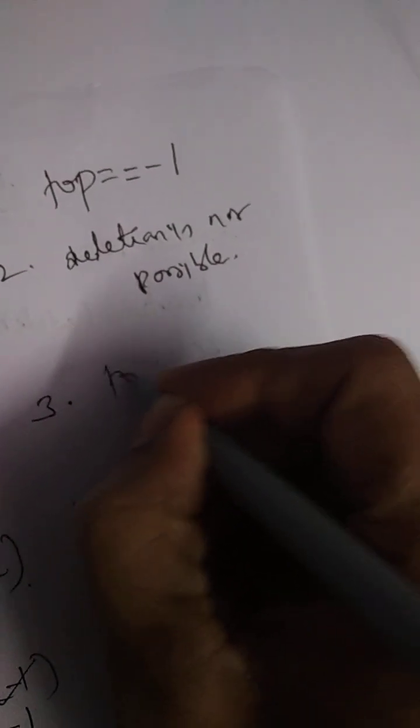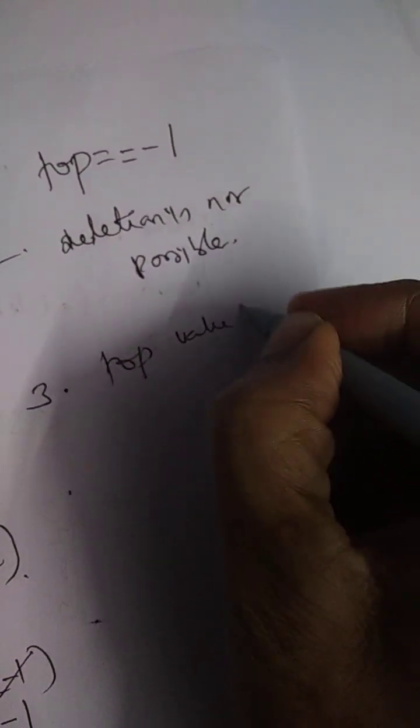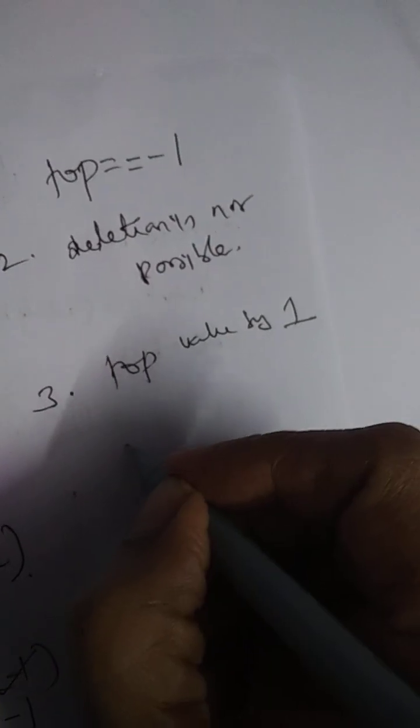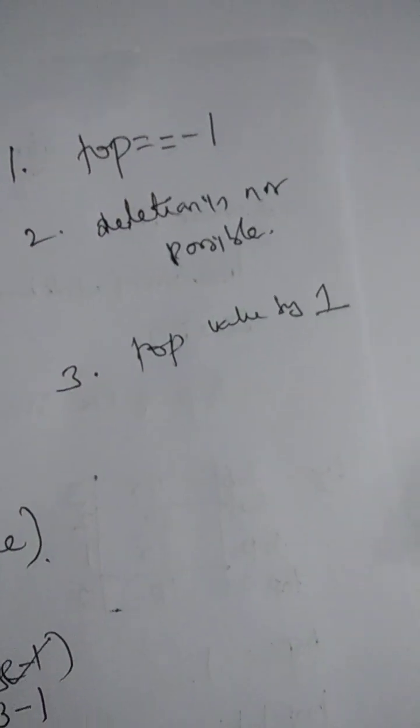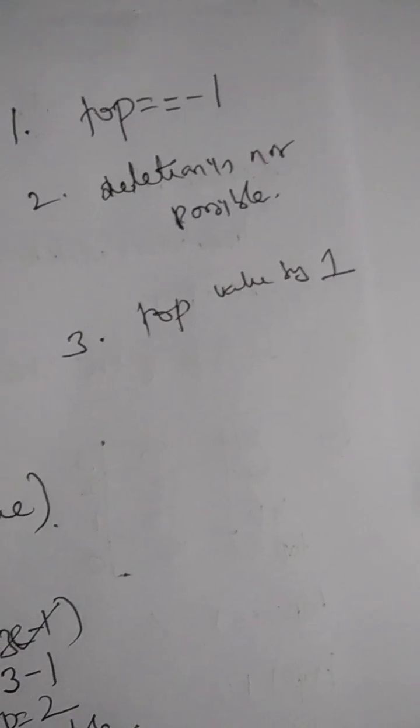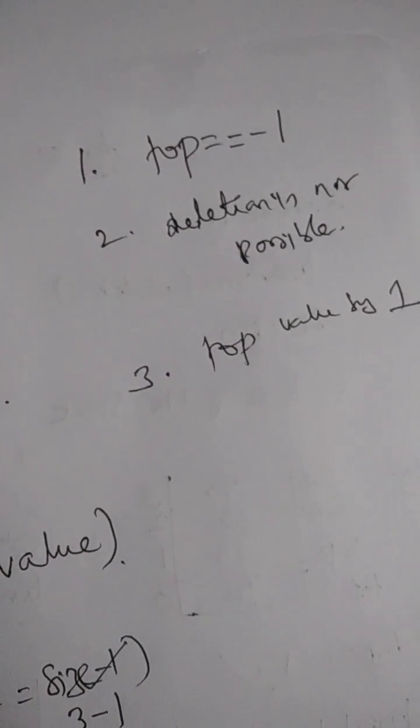Right. Next, what you have to do? Decrement the top value by 1. Whenever you are deleting an element from the stack, the top portion will be decremented, and the top should be assigned to the next element.